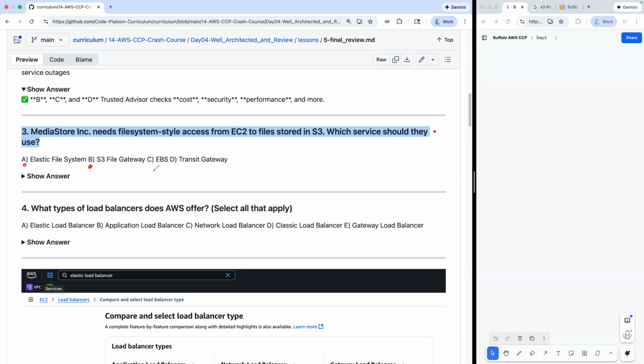Crap, I can't remember what EBS is. I'm pretty sure it's not Transit Gateway because that really didn't have anything to do with the gateway. I'm not sure what EBS is, so I'm going to just cancel that one out. I don't think it has anything to do with the gateway, so I want to say A, Elastic File System doesn't have anything to do with gateways.